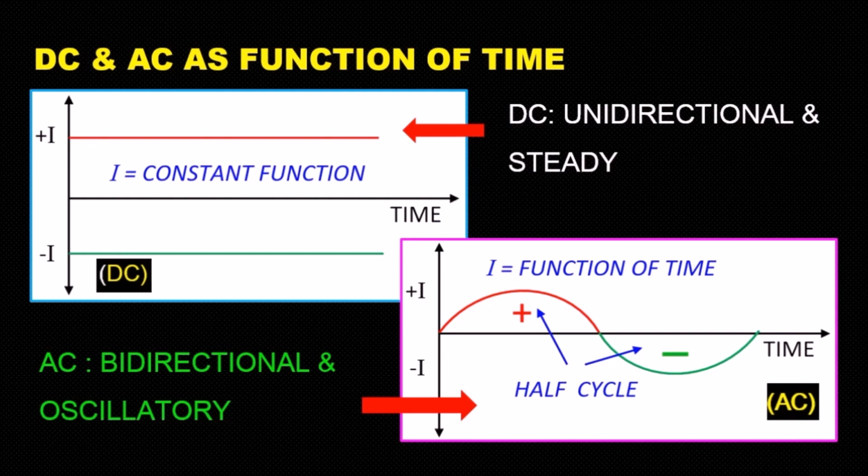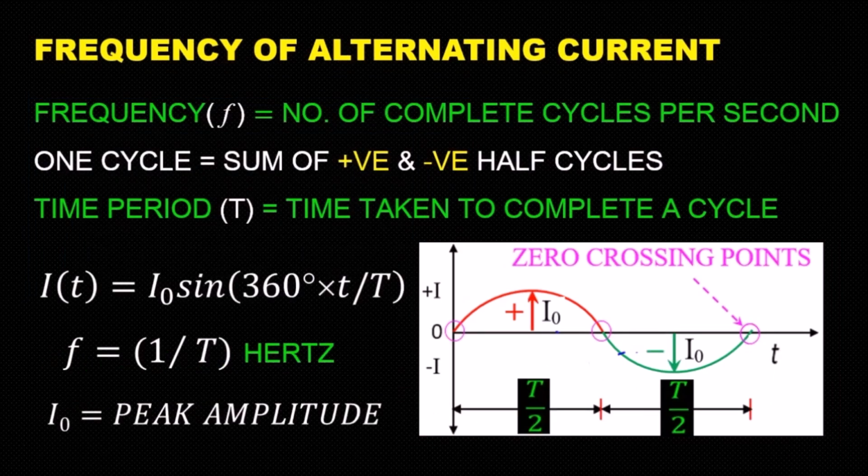Positive current and negative current shown over here represent current passing through a conductor in opposite directions for both AC and DC. DC is said to be a steady current because current does not change over time. In case of AC, current changes over time in a periodic manner. That is why AC is known as oscillatory current.